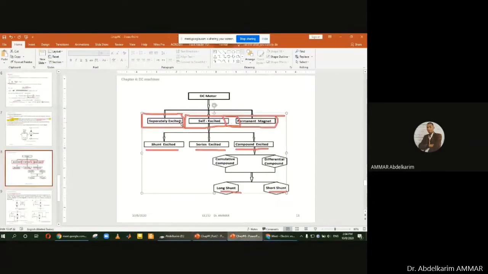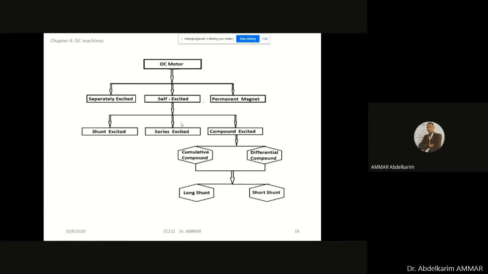I will repeat the classification of DC machines according to their excitation method. Separately excited, when the field and the armature are each connected to a different source. Self-excited, when the field and the armature are connected to the same source. And permanent magnet, when the field winding is removed and replaced by a permanent magnet.